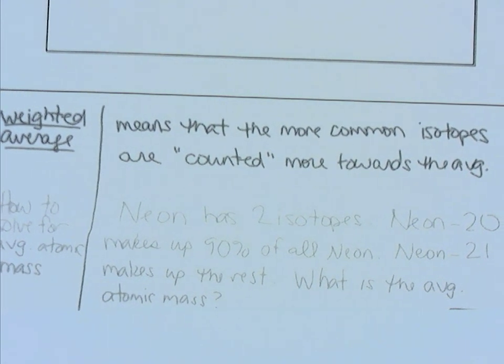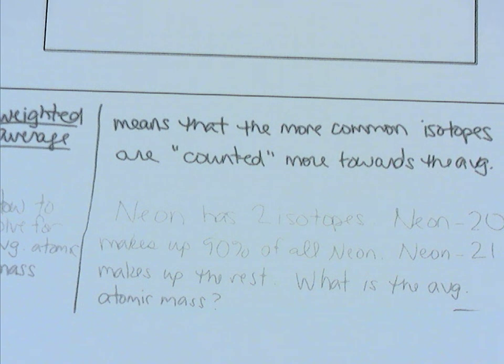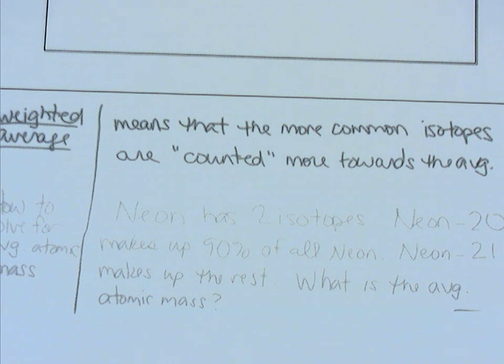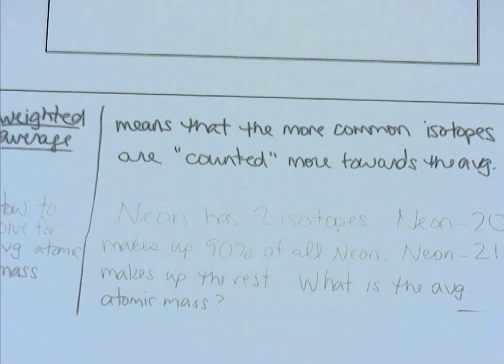So the average will always be closer to the one that exists more. So it's like at our school, if you take an AP course, you get a little bit more of a grade point added to your grade point average because it's worth more. In isotopes, carbon-12 exists more on the planet, and so we count that more towards the average. So if you want to pause for a second and write down the definition for weighted average, feel free.